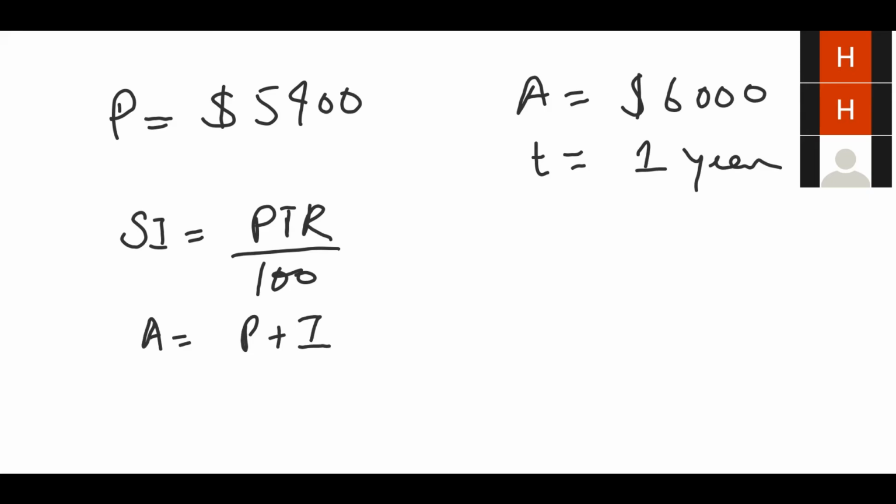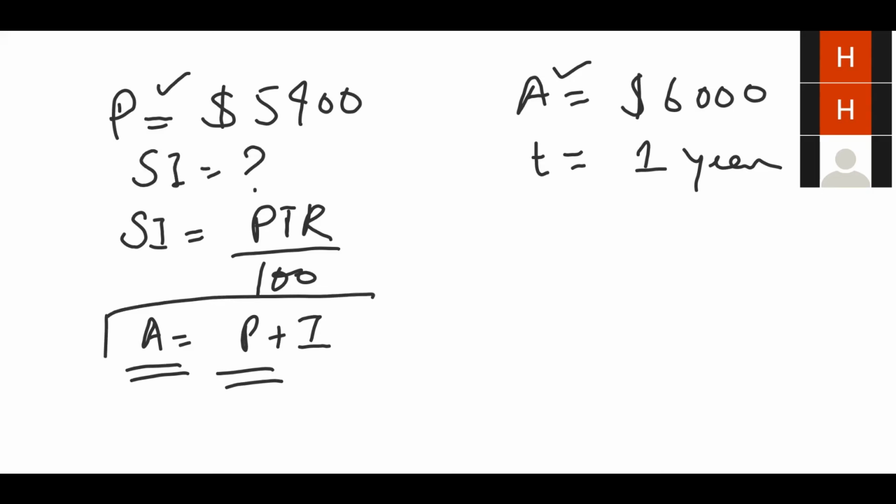In the question we have P and we have A, so we're going to make I the subject of the formula, which means P is shifted to the other side. So this becomes A minus P is equal to I, with A as 6,000.